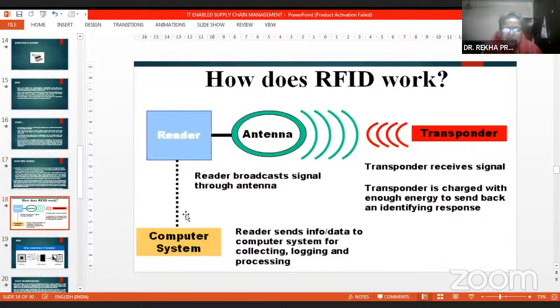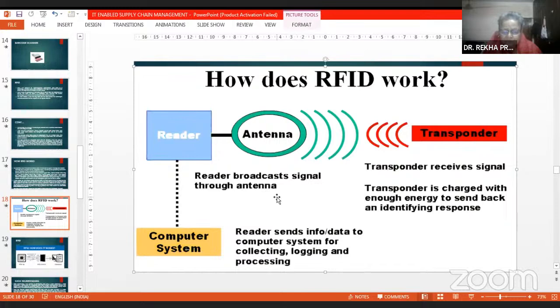You can see how this is a reader, this is the computer system, this is the antenna, this is the transponder. So the antenna catches the signal from the transponder. The transponder is charged with enough energy to send back an identifying response.